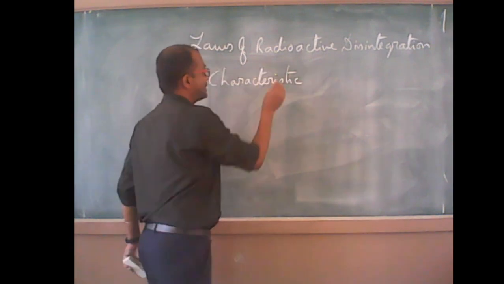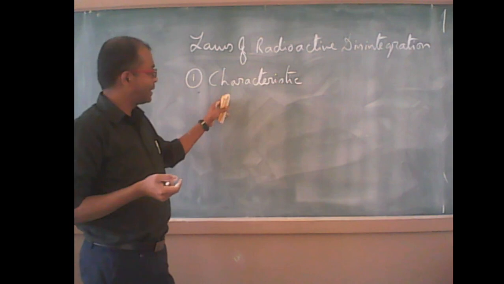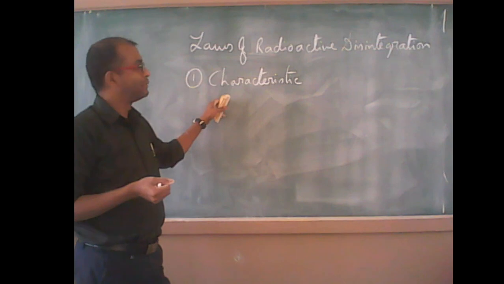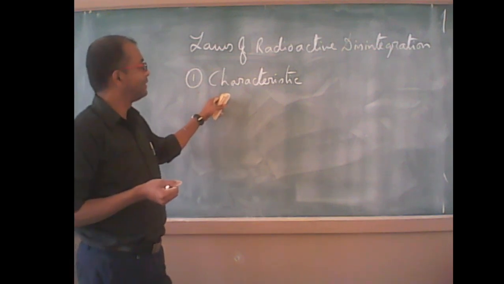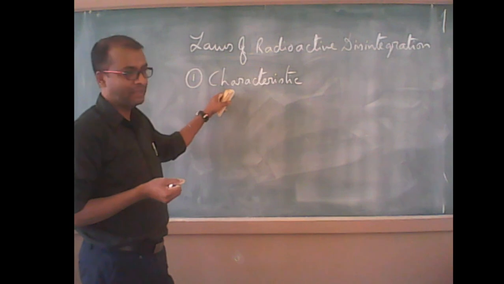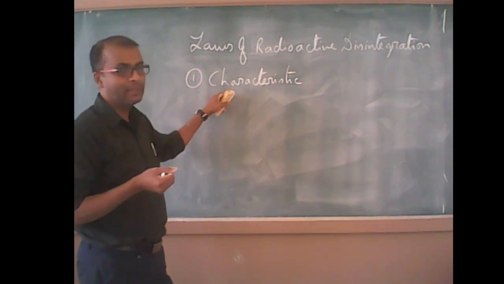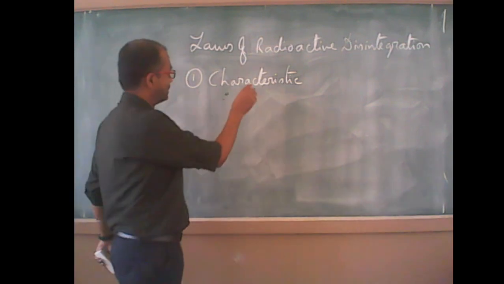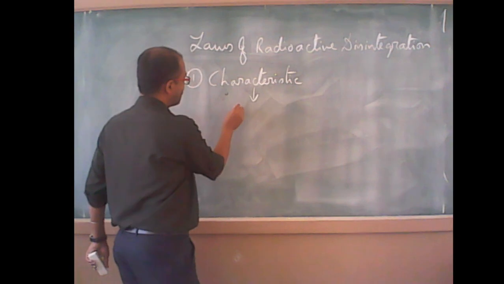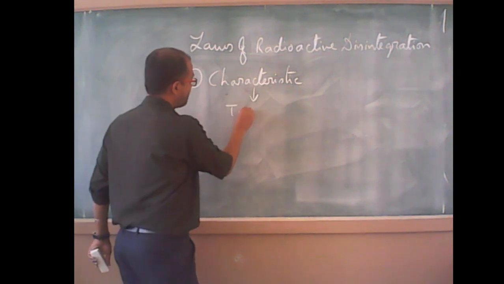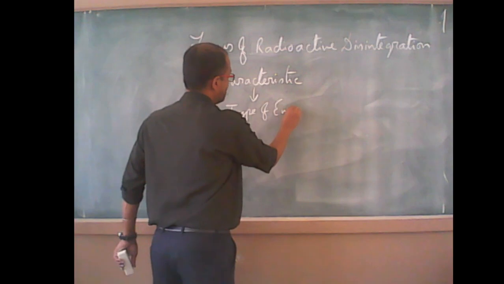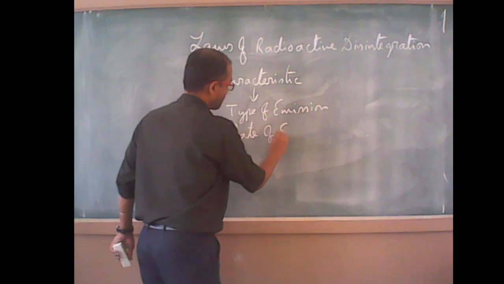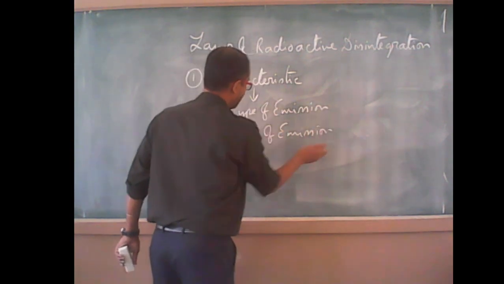What we mean by that is that different radioactive elements will exhibit different kinds of radioactive decay, the difference being in the type of emission, the rate of emission and the energy of emission.